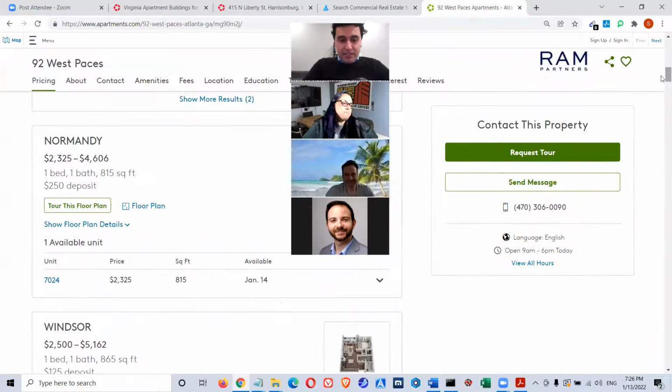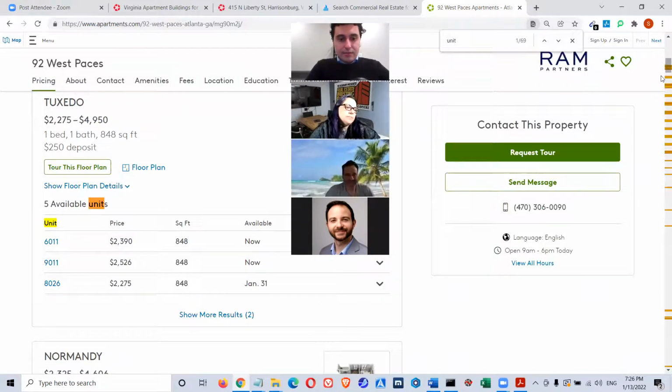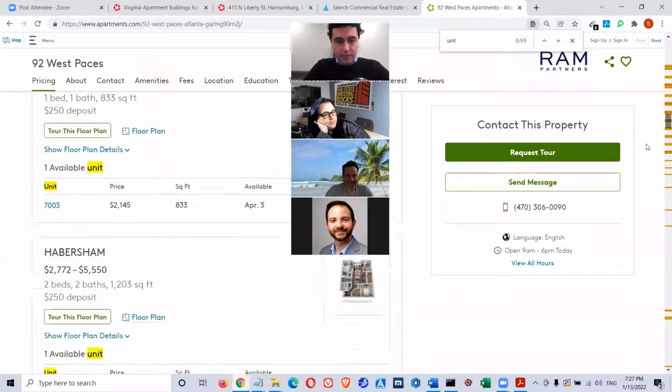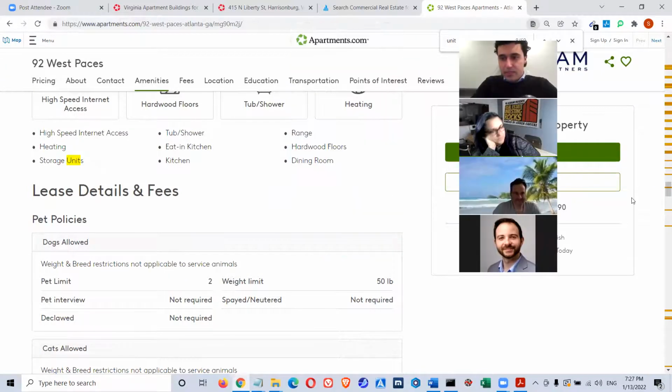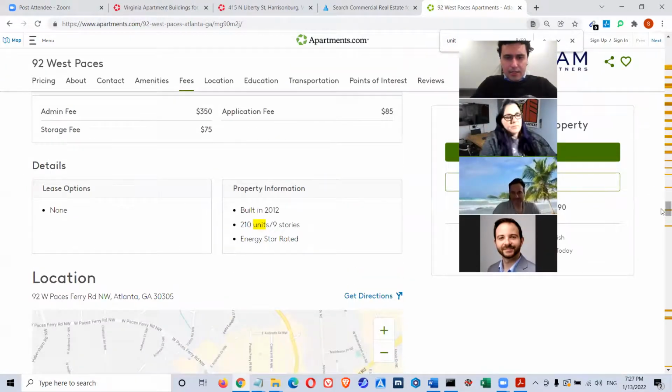If we look now at a particular property, it's typically going to tell us how many units it has. Sorry, I'm not able to get to that part apparently. So for example, this one has 210 units.